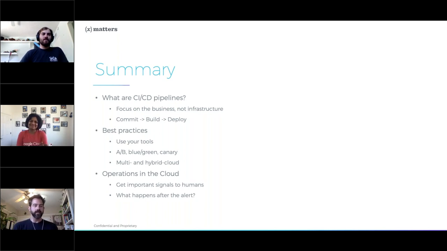So use what you're using. Then look at the different types of deployments that might be relevant to your organization: canary deployments, blue-green deployments. I think A/B is typically used in marketing, but I think it's also an important concept to talk about because it can help the business. We touched on multi-cloud and hybrid cloud.